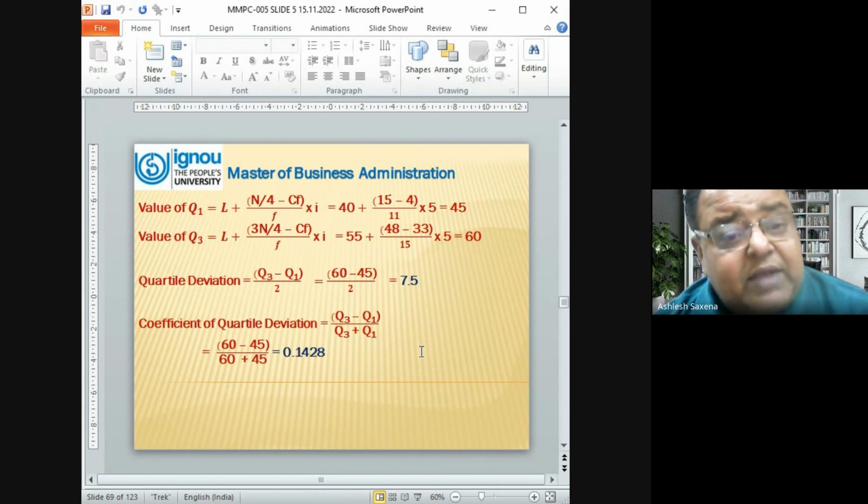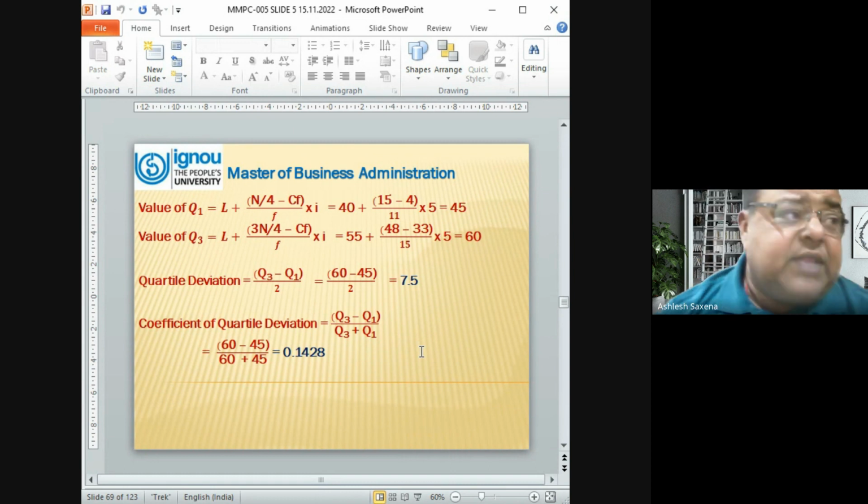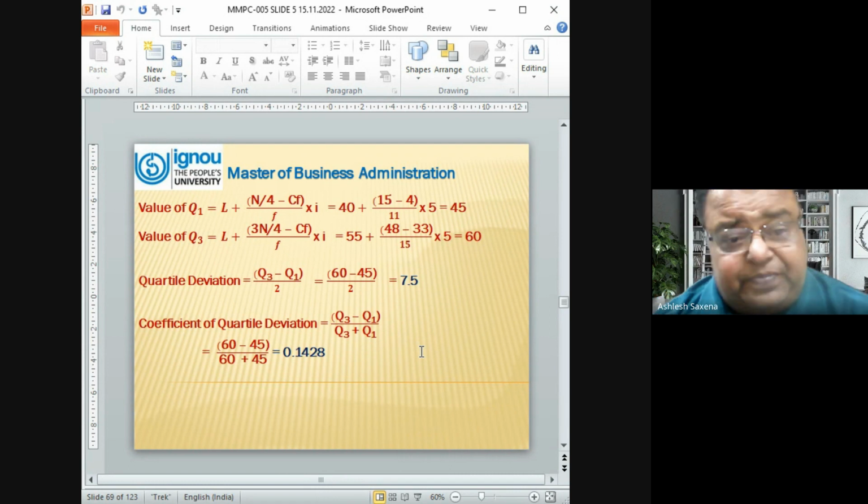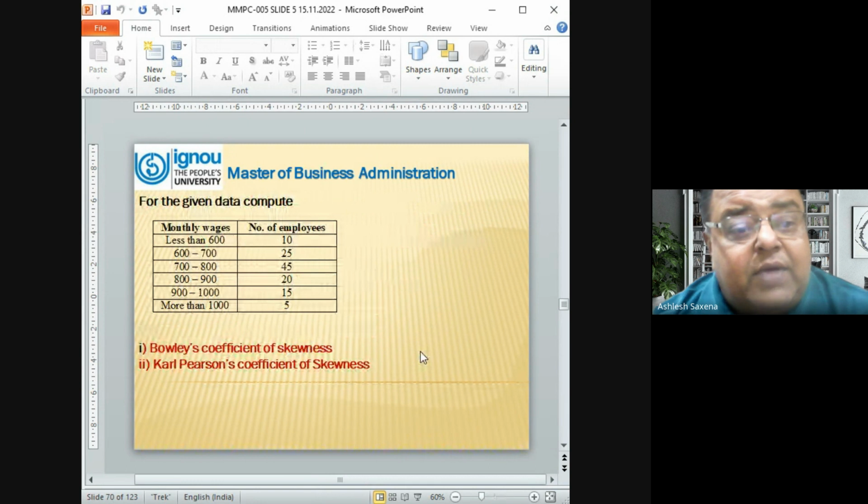Now you have to calculate the coefficient of quartile deviation, that is Q3 minus Q1 upon Q3 plus Q1, which comes out to be 0.142. Now you have to calculate Bowley's coefficient of skewness and Karl Pearson coefficient of skewness.